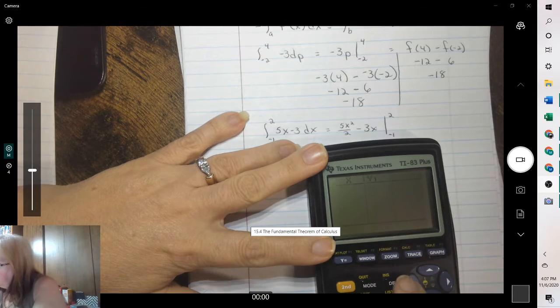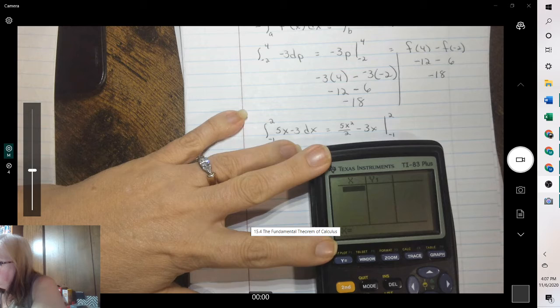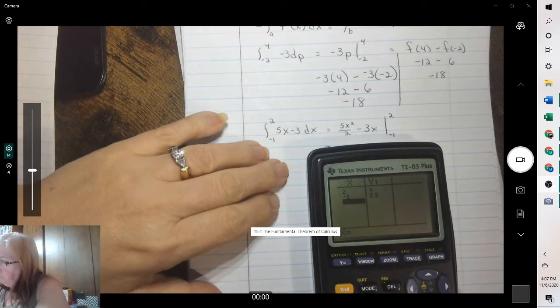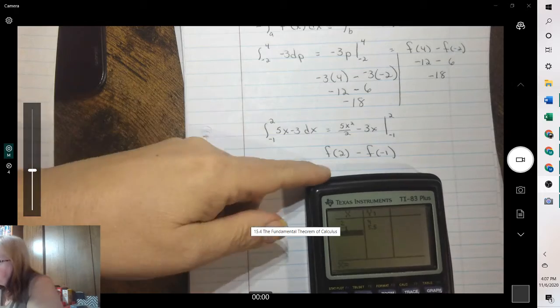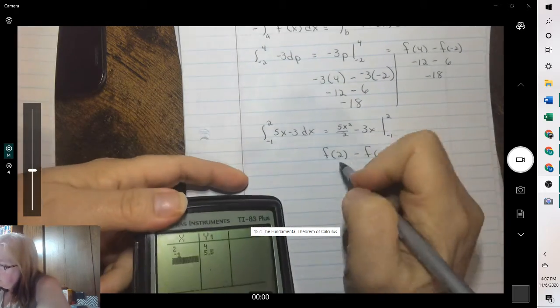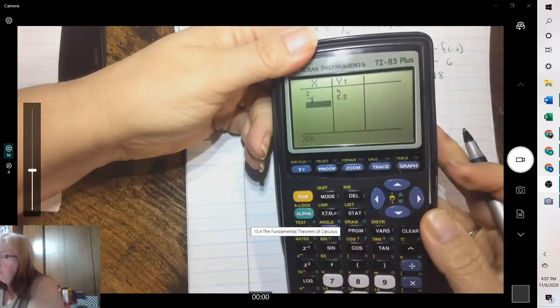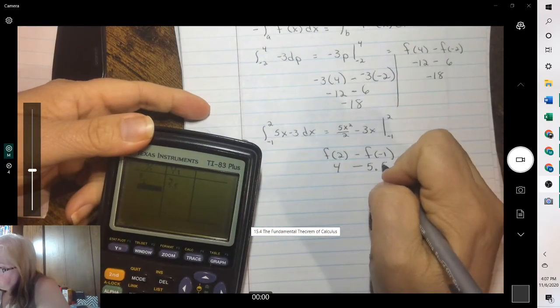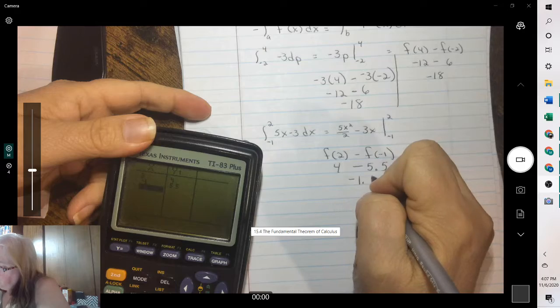Go to your table, delete what's there, and we want to go 2 and then -1. f of 2 is 4 minus f of -1 is 5.5. So we get a -1.5.